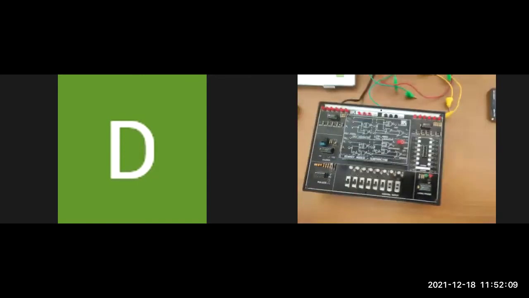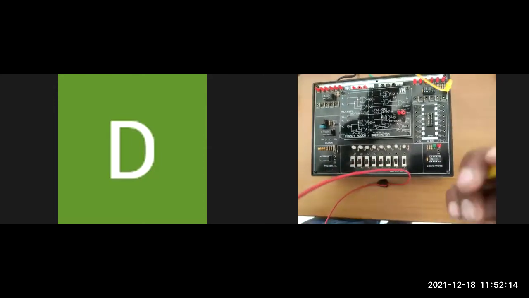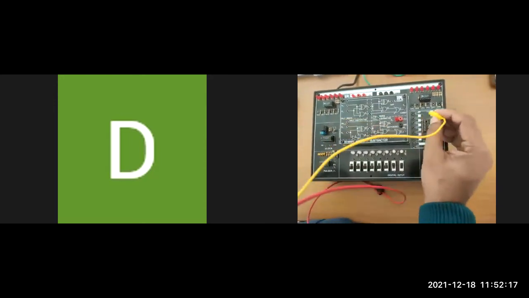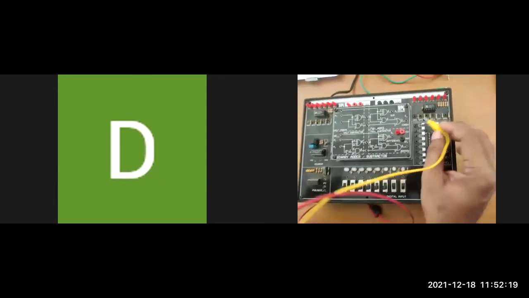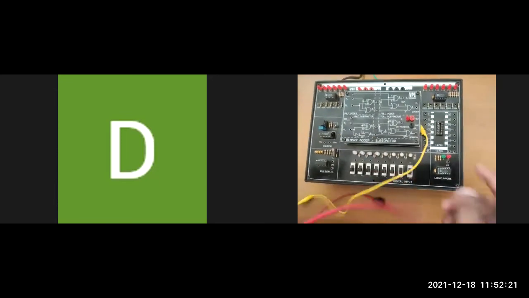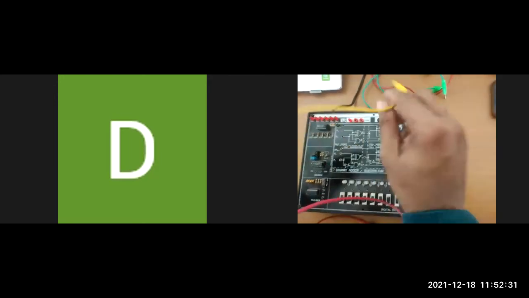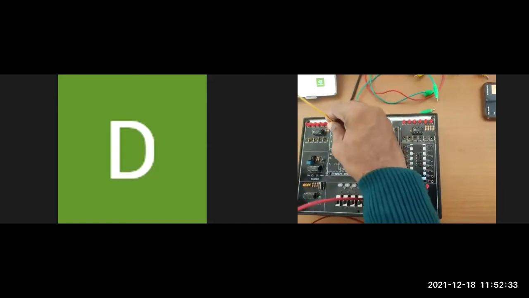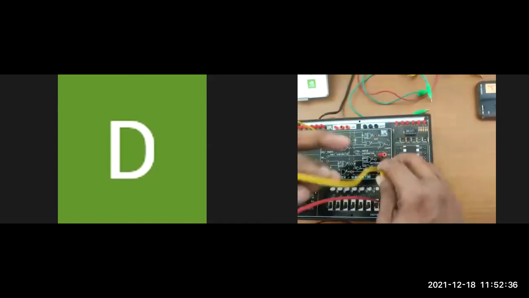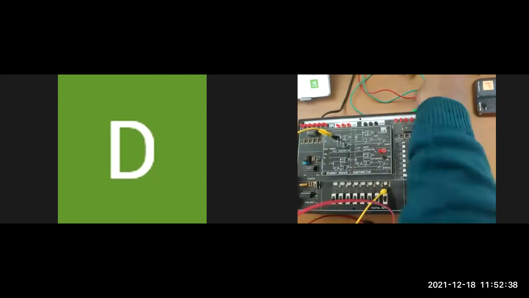So now we will construct the full adder experiment. First, here I'm taking the probes. So this is the input. First, this is A, connected to A1.